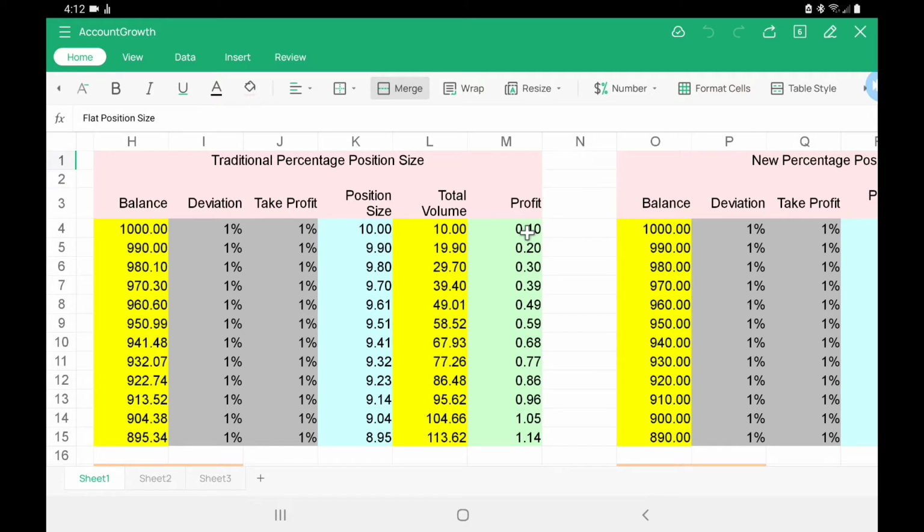Now, if we accumulate, say, 4 or 5 positions, you'll notice that as the balance decreases, so does the position size. 1% of 970 is $9.70. It's not the flat $10 we wanted.